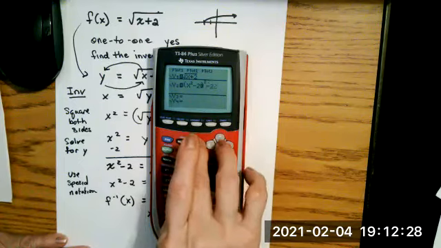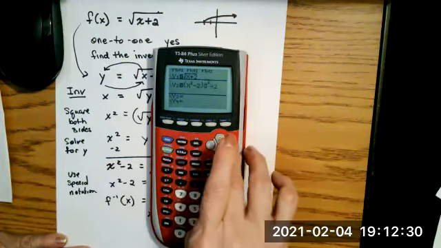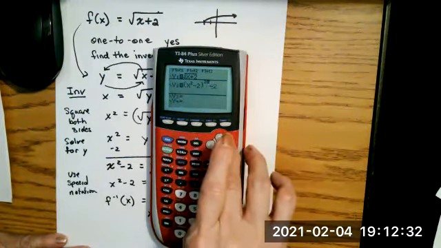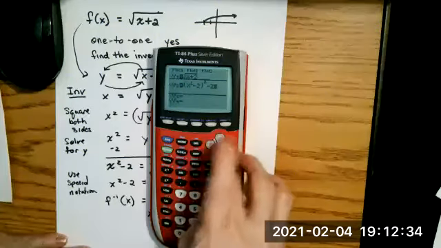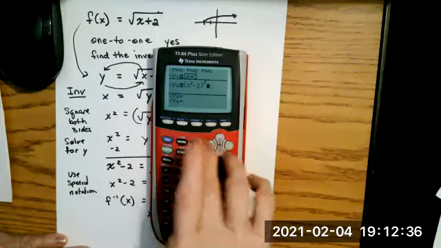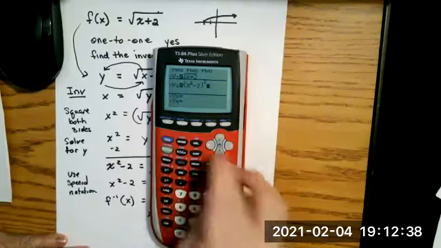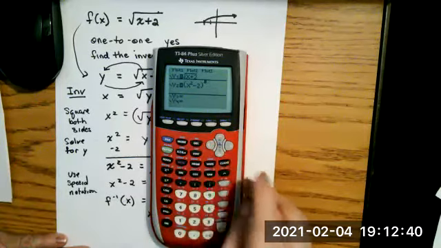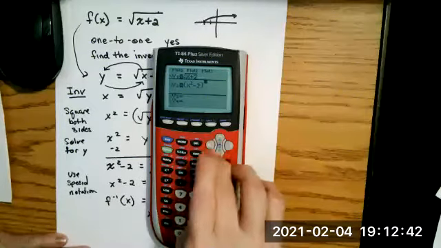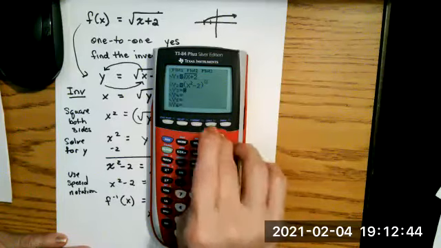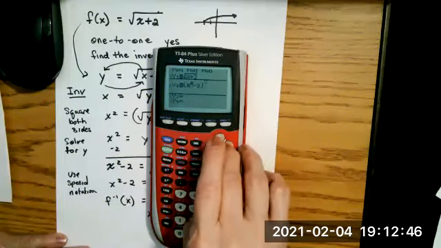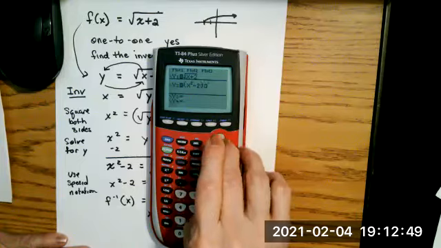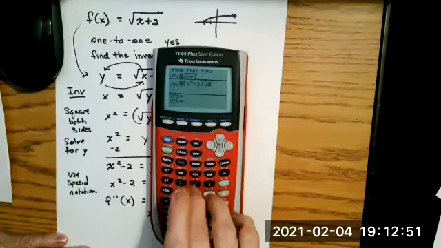And delete that off. And then I want my 2. I don't want to square it again. X squared minus 2 in the parentheses. I guess I could have just done that without all that trouble. Put another parentheses in there.